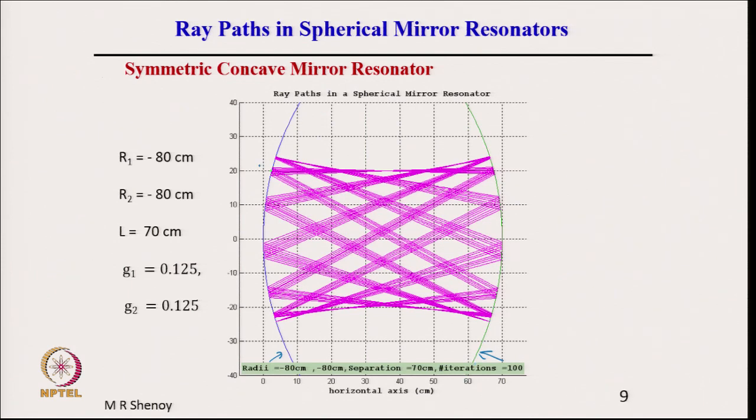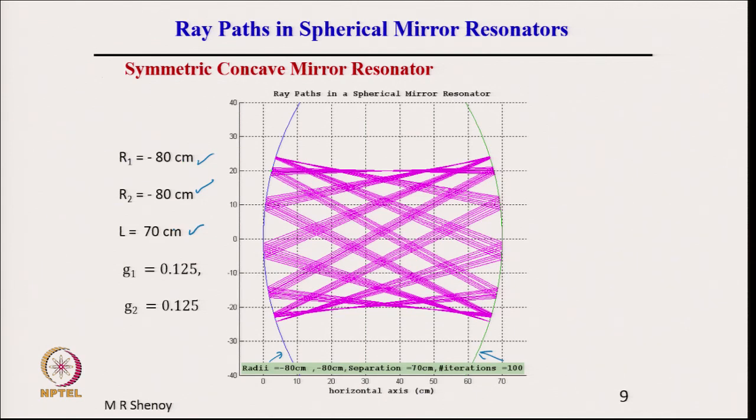These are the mirrors of radius of curvature R1 equal to minus 80 centimeter, that is, the radius of curvature is actually 80 centimeter, but these are concave mirrors. So, it is a symmetric concave mirror resonator. Radius of curvature used in this calculation, this plot, is 80 centimeters each, with a separation between the mirrors of 70 centimeter.